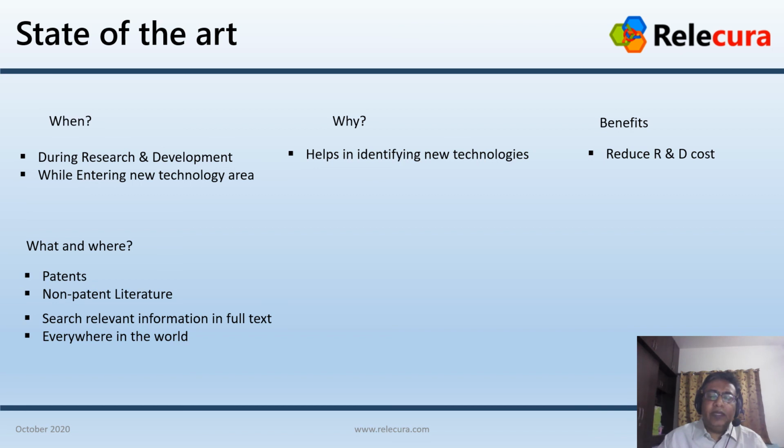And the benefit is that if you know the technology area before you do your R&D, it helps us to reduce our R&D cost, and we know in which direction we have to move in research and development. So for this, we search for patents and non-patent literature. We also search for relevant information in full text, and we don't restrict it to any jurisdiction.